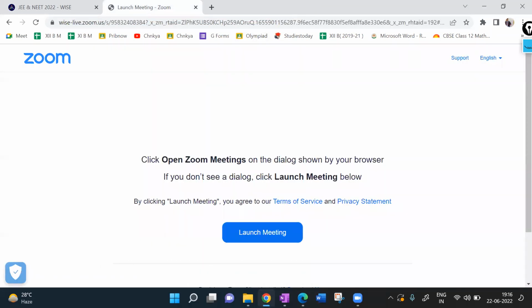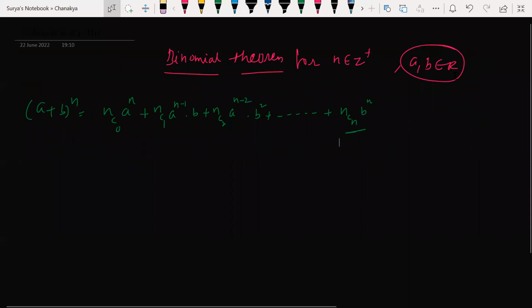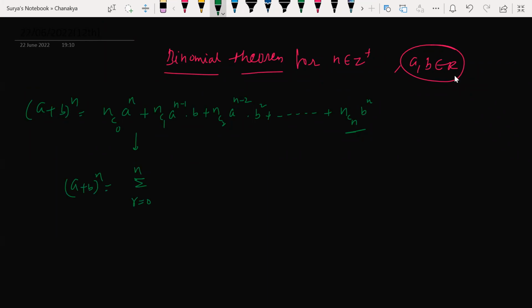So this is what we got. Basically, from this, the expansion of (a plus b) to the power of n, I would write as summation of r equal to 0 to n, nCr a to the power of n minus r into b to the power of r.